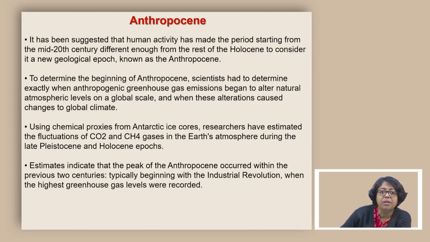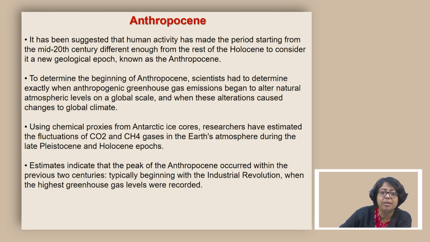Researchers have estimated the fluctuation of carbon dioxide and methane gases in the Earth's atmosphere during the late Pleistocene and Holocene epochs, and they provide a very good baseline. That means it is a reference level with which we can compare today's emission of carbon dioxide and methane gas. And if we do that, it will show us a considerable variation after the Industrial Revolution.